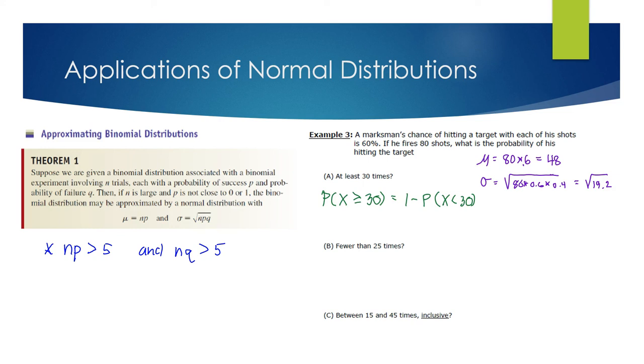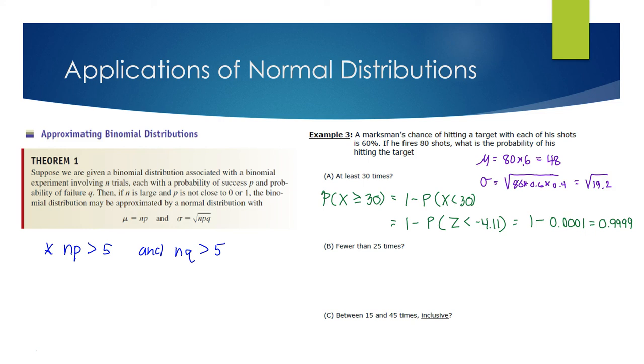So the probability that x is less than 30 would be the probability that z is less than negative 4.11. Now, if you look at the table, it does not go down this low for a negative 4. They usually tell you to assume 0.0001 for this, but it's actually beneath that. So I'm going to say the probability is about 0.9999.